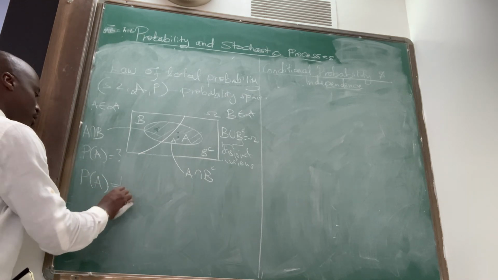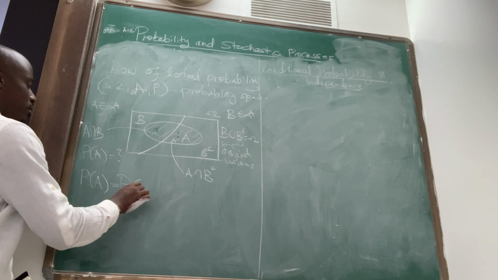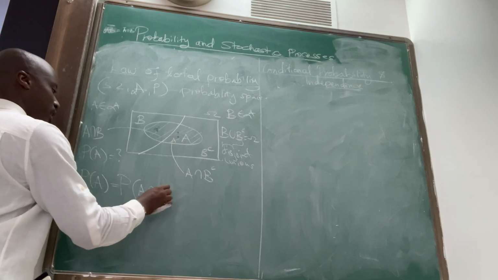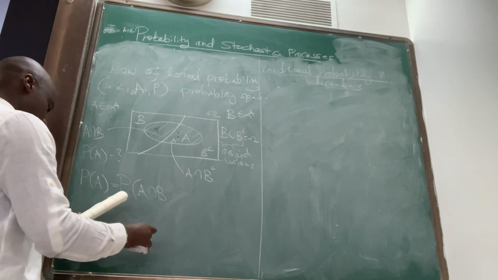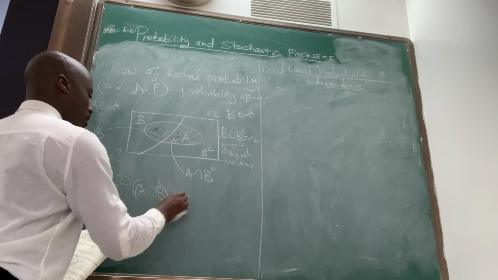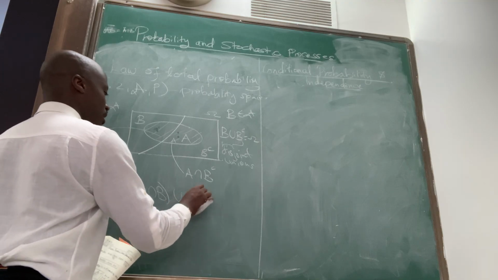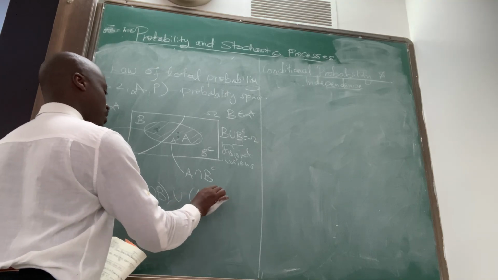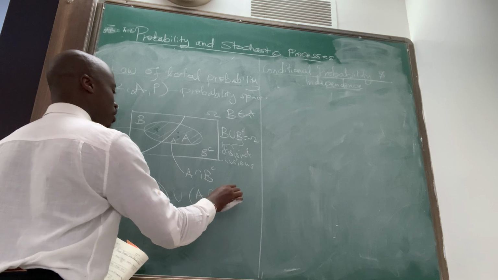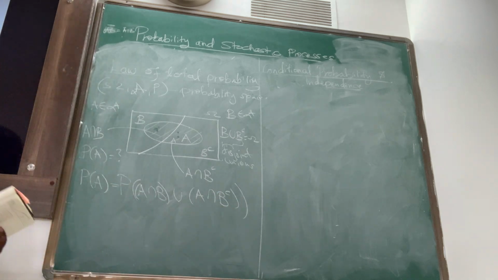So that would be the probability of A intersection B union probability of A intersection B complement. And please, when you leave this class after today, go and review these things and try to comprehend them so that you don't memorize formulas.